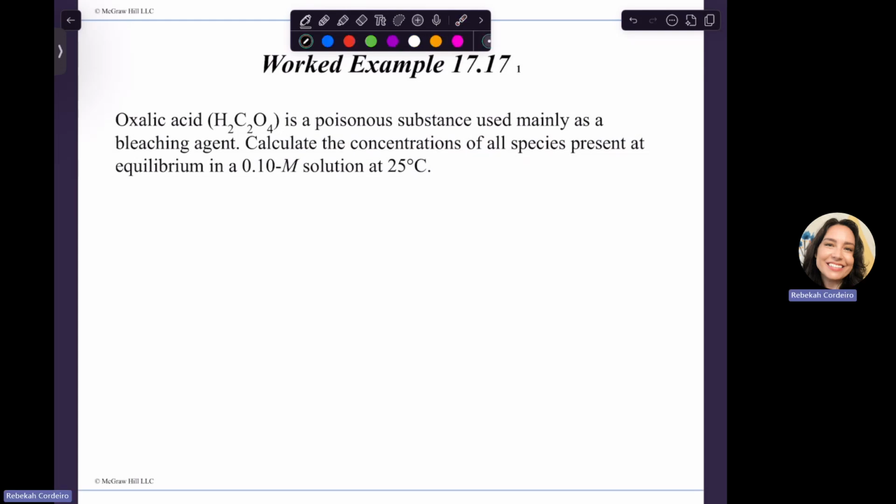Okay, so my first reaction is going to be H2C2O4 aqueous plus H2O liquid. And then we're going to get rid of one of those H's. So we're going to keep one H. Oh, you need the Ka values.